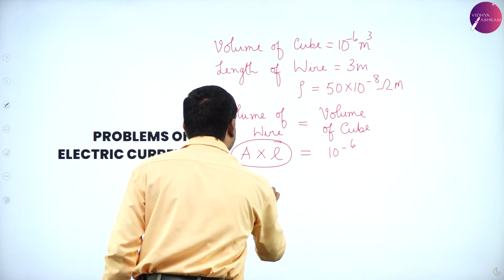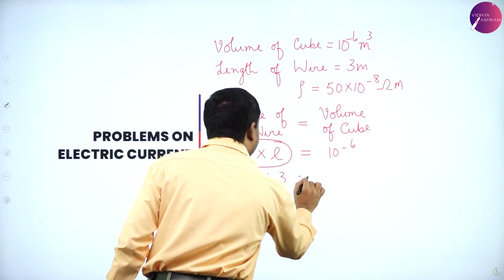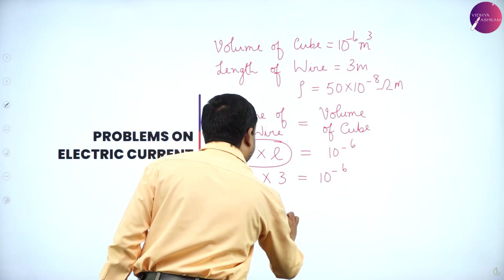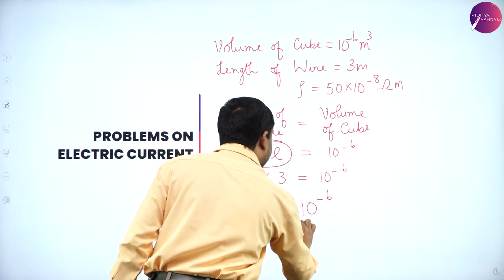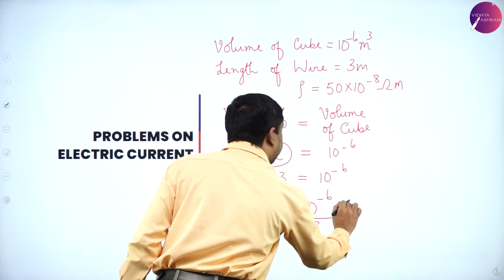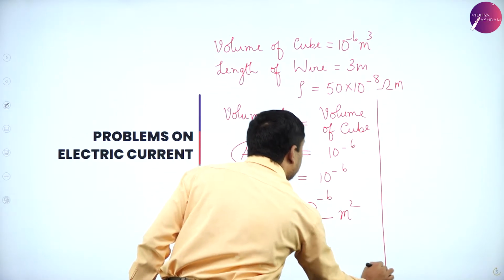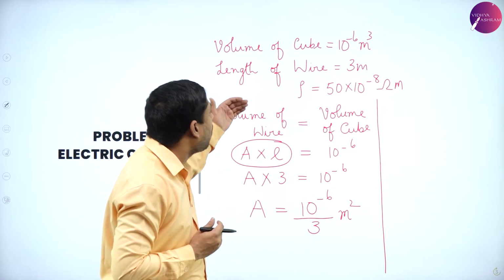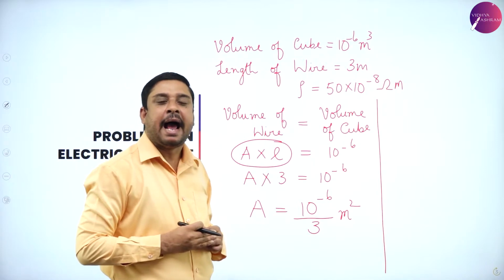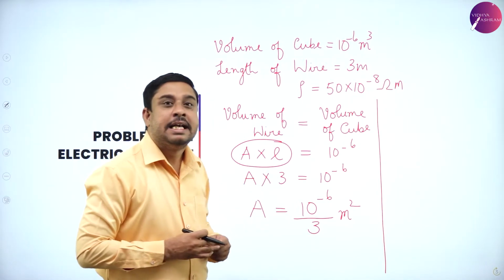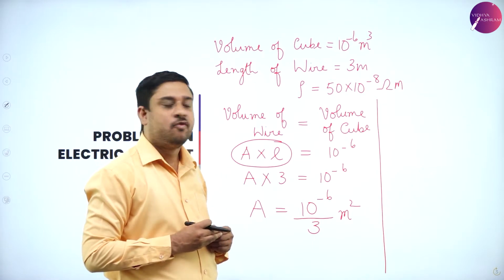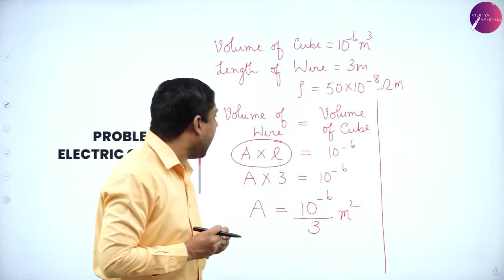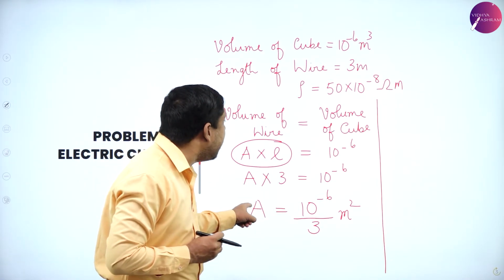So, A into 3 is 10 power minus 6, or A equals 10 power minus 6 by 3 meter square. So, very effectively, knowing few concepts, I have calculated the area, which is equal to 10 power minus 6 by 3. And remember, this is the area of the wire.